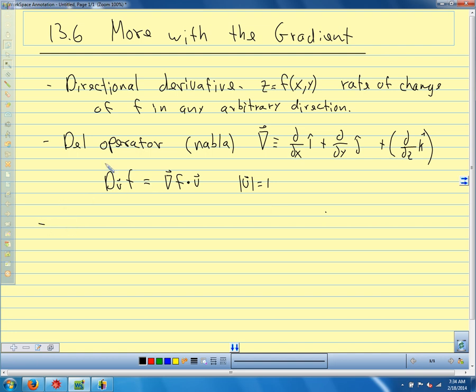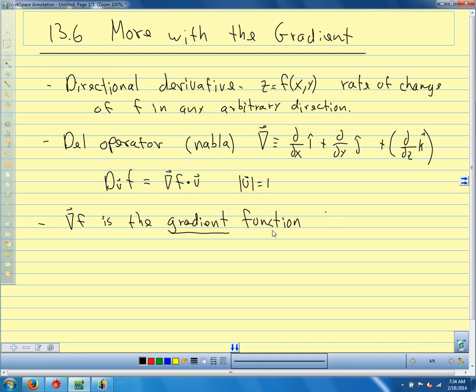And we used the del operator, this del f. We call del f the gradient function. So this del operator and the gradient function were 2 important things that came out of finding the directional derivative.